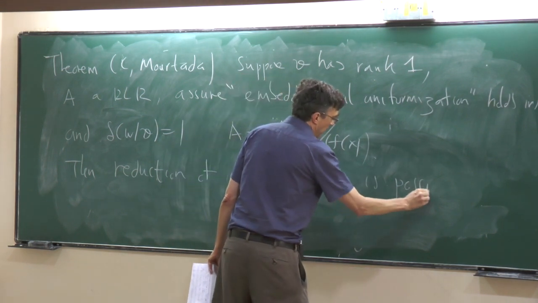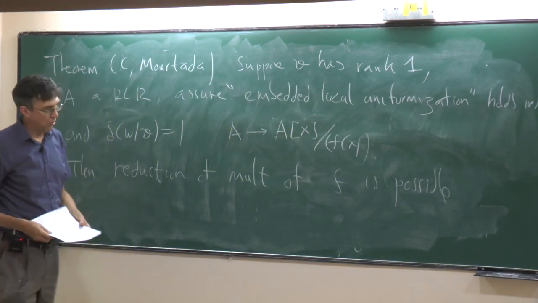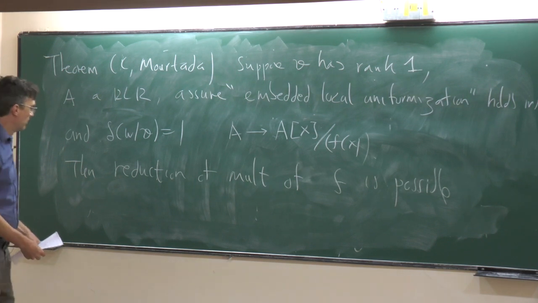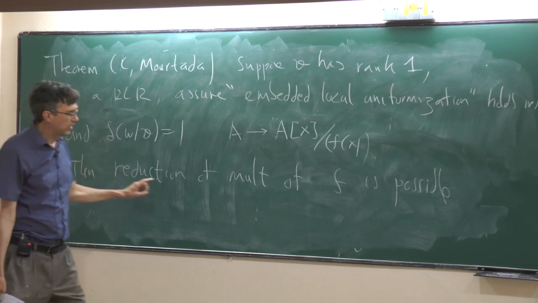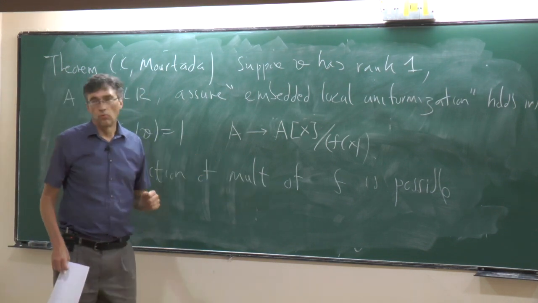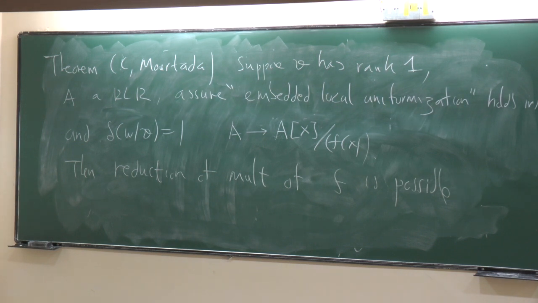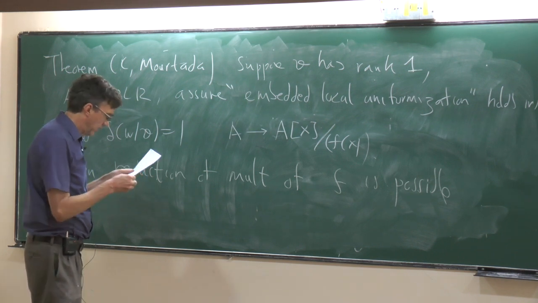In other words, by blowing up, the strict transform of f has lower multiplicity. So if one could always do this, then one eventually gets the multiplicity down to 1, which means it's non-singular, so you've achieved local uniformization. This is the basic induction step in almost all proofs of resolution of singularities where they're successful.